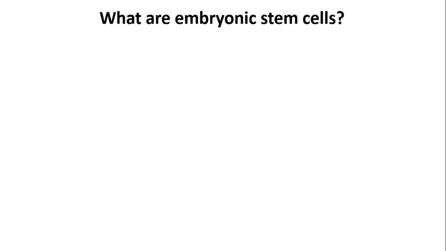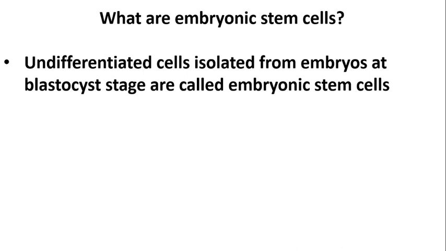Then what are embryonic stem cells? So in this PowerPoint presentation, we are going to study in detail about embryonic stem cell culture. So you should first know in detail about embryonic stem cells. As I have already told you, they are undifferentiated cells isolated from the embryos at blastocyst stage.